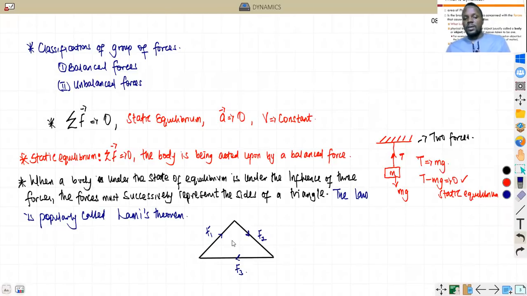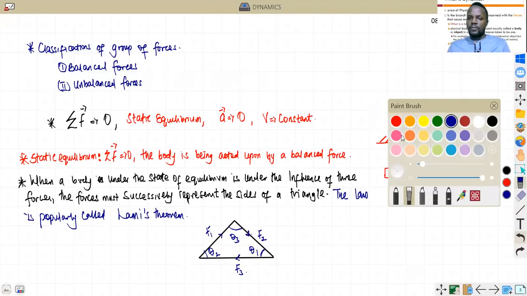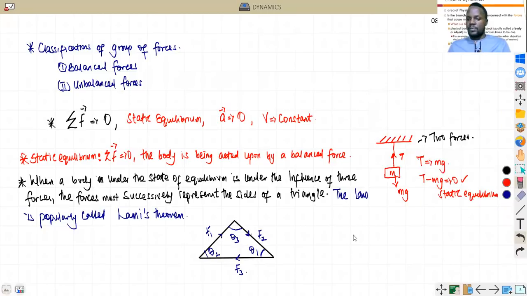As you can see, F1 is facing the angle theta 1. F2 is facing the angle theta 2. And F3 is facing the angle theta 3. So talking about it in terms of static equilibrium, my dear student, this is the point whereby all the forces are being acted upon.